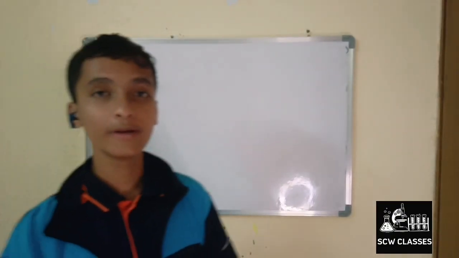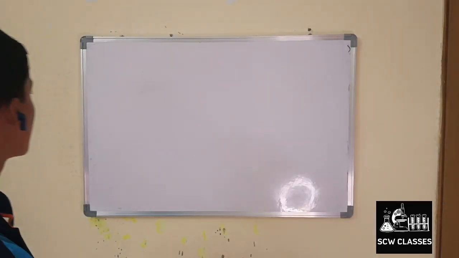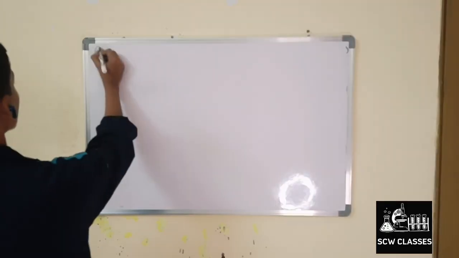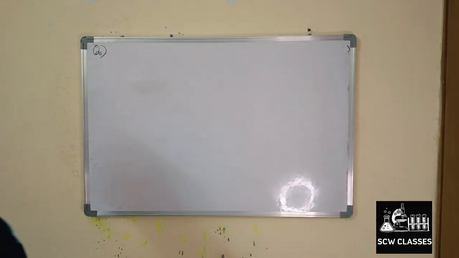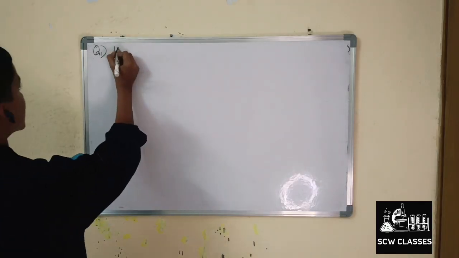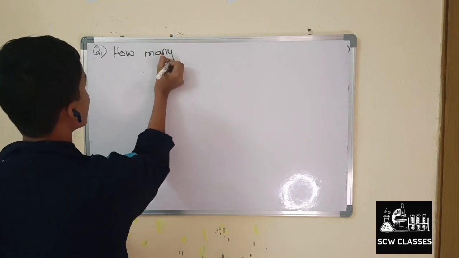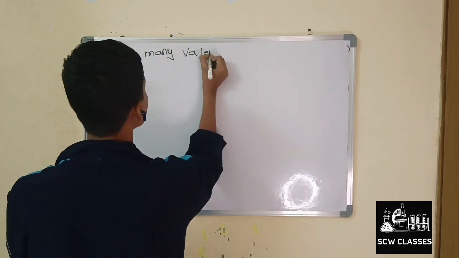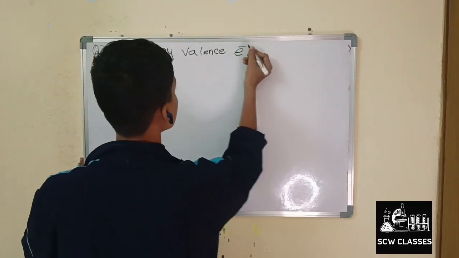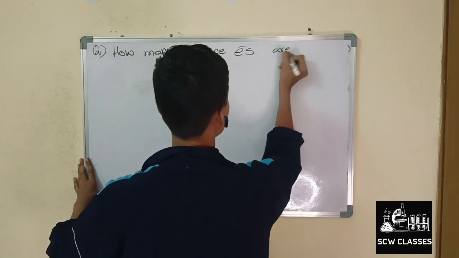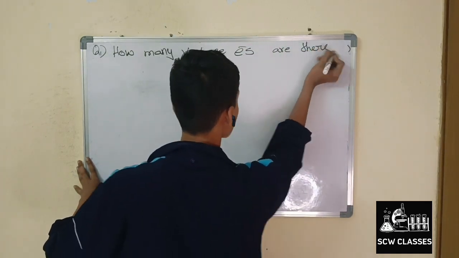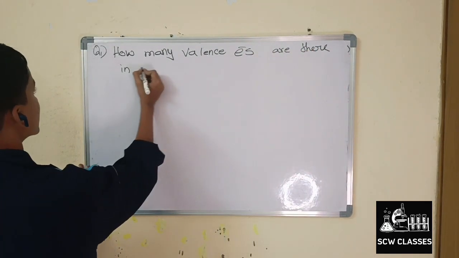And now we are going to do a few sums. Question number 1. How many valence electrons are there in nitrogen?